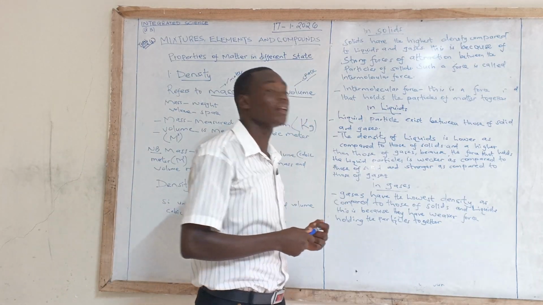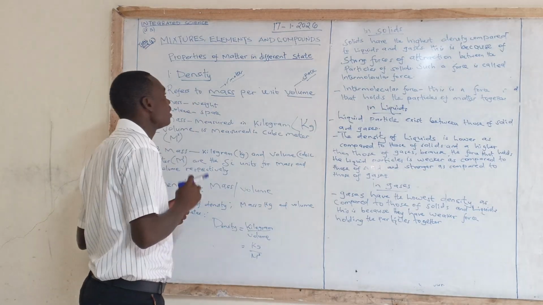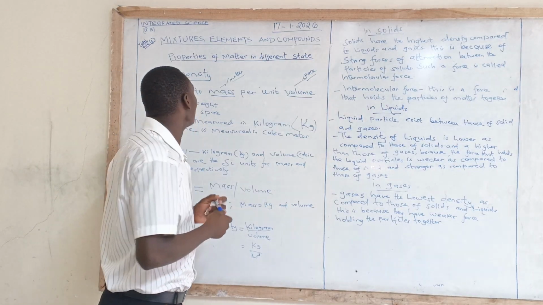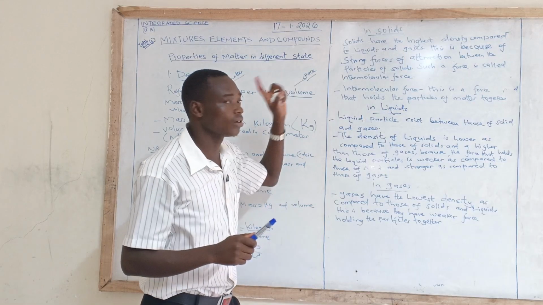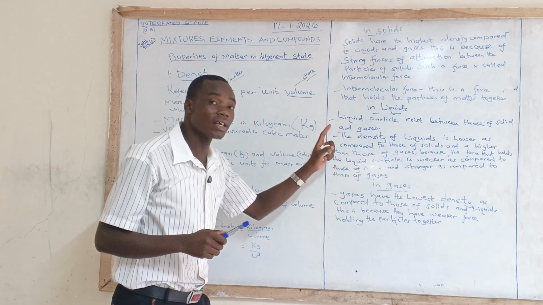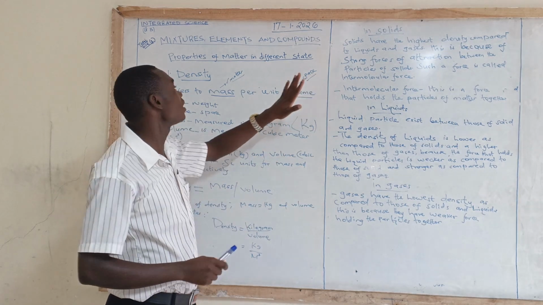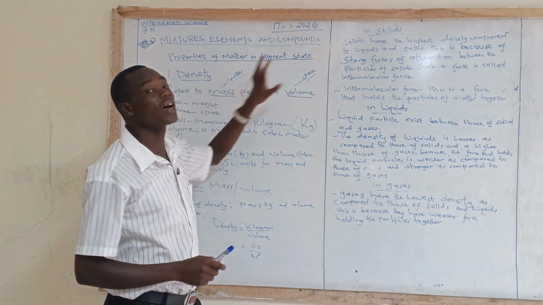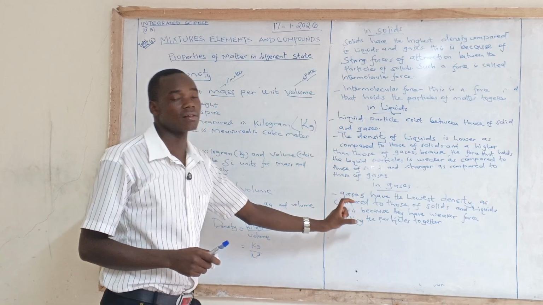Let's meet in the next lesson so that we can discuss other properties of matter in different states. Remember the states: solid state, liquid state, and gas state. In solid state, we have seen that the density is high as compared to liquid and gas.